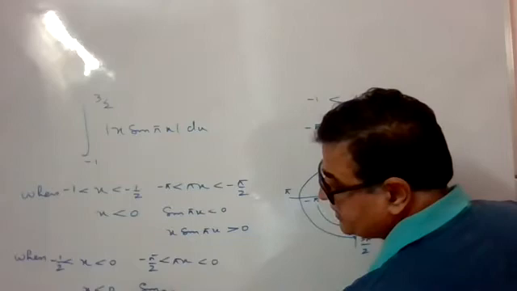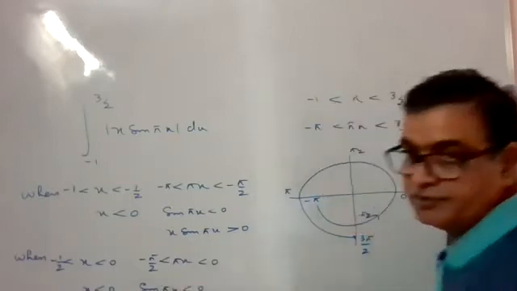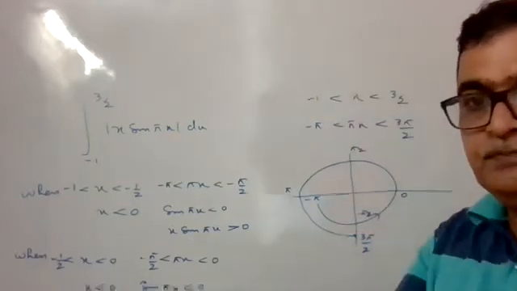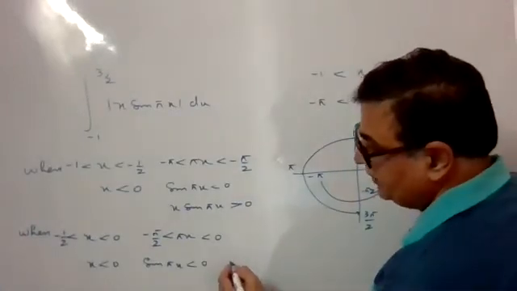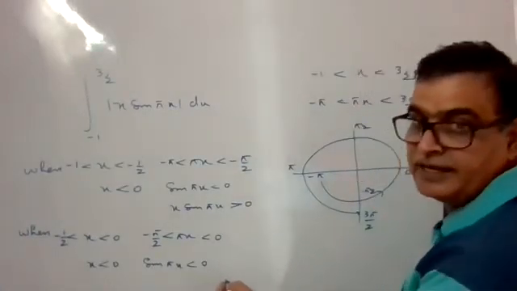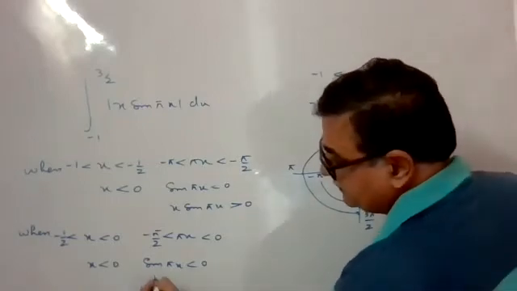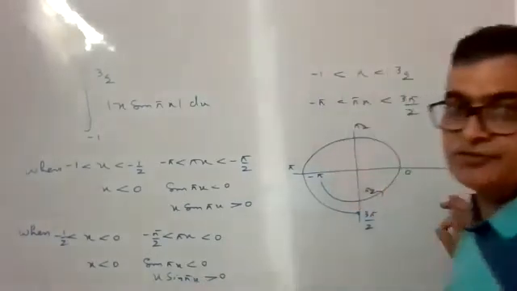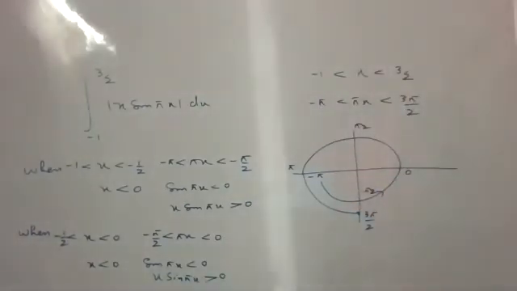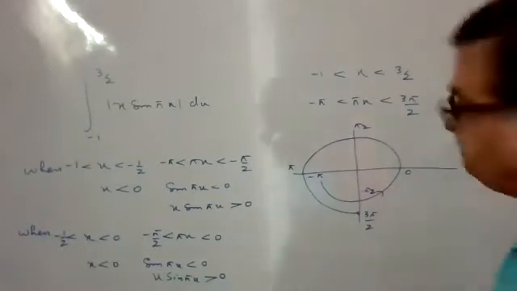So sine pi x is also negative, and in this case again x sine pi x is coming positive. We have done two parts, now let's move on to this one.